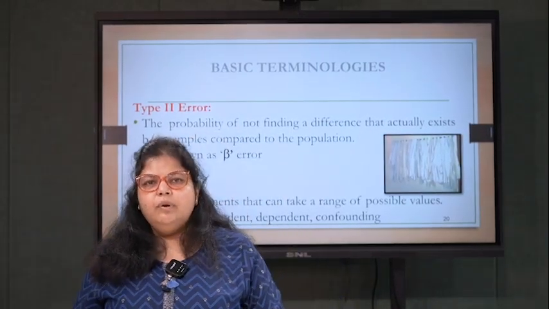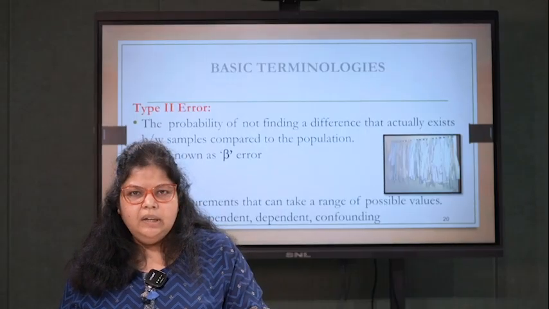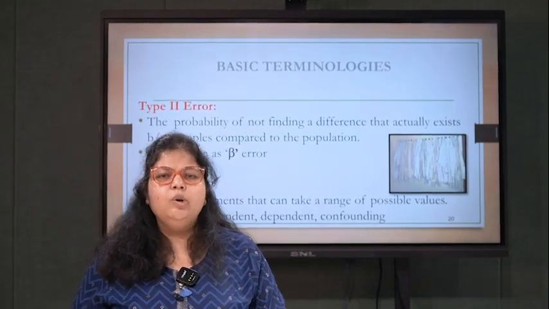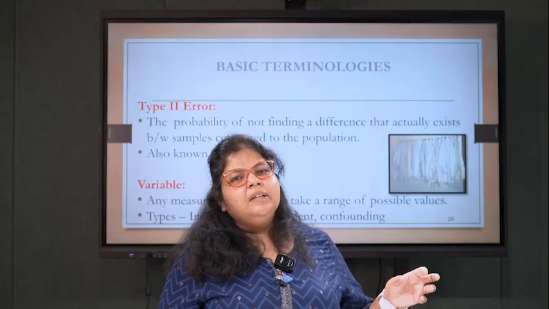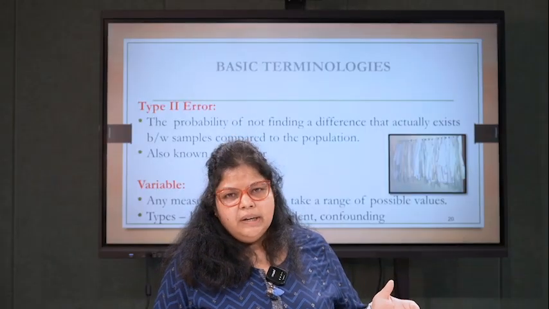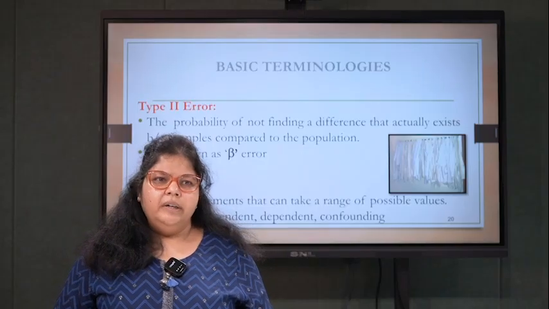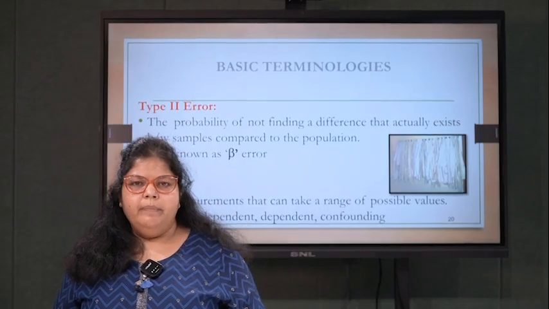That's why the dental fluorosis or the disease under consideration is called the dependent variable, which depends on risk factors like the amount of fluoride in drinking water. So this is the concept of dependent and independent variable.